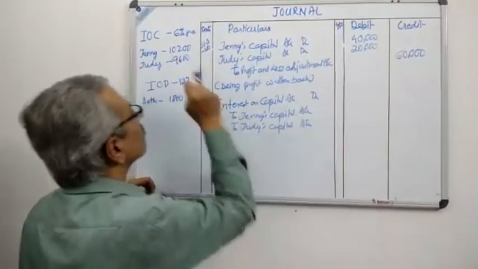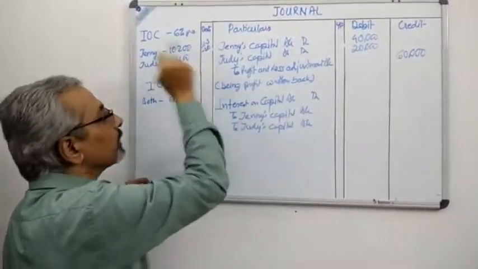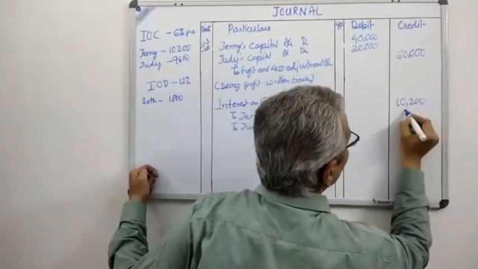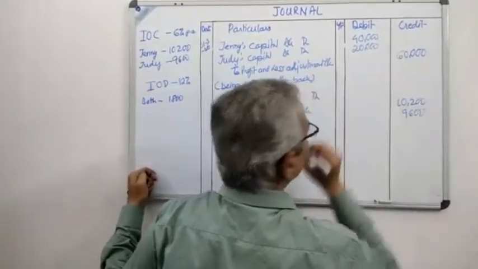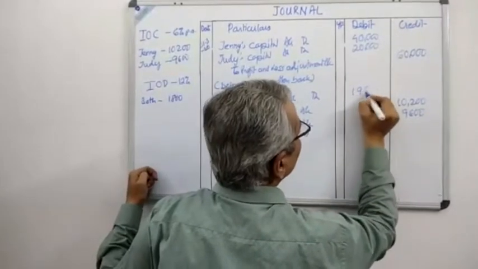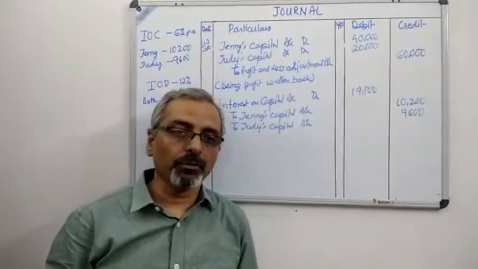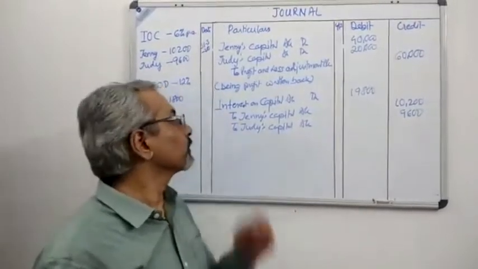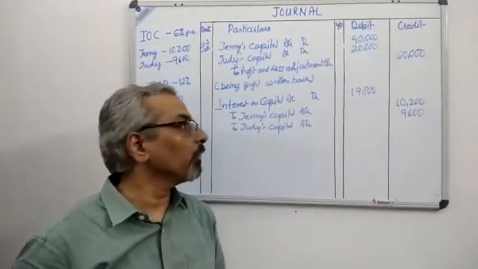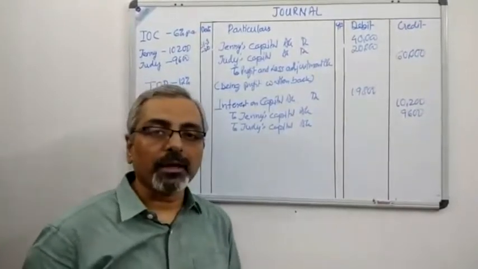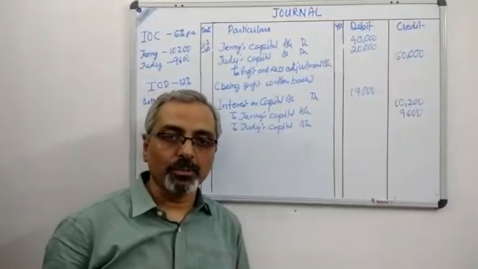So what was it? 10,200 and 9,600. What is the total? It is 19,800. Okay, so we have done the journal entry for interest on capital. So you can see over here, interest on capital 19,800, to Jenny's capital 10,200, to Judy's capital 9,600. That has actually been done.